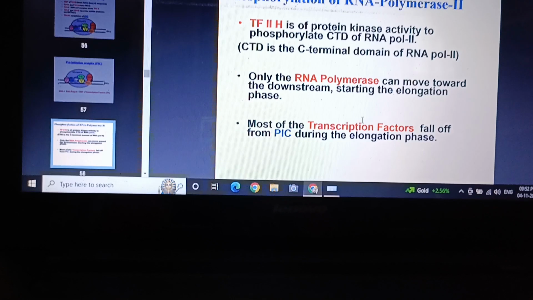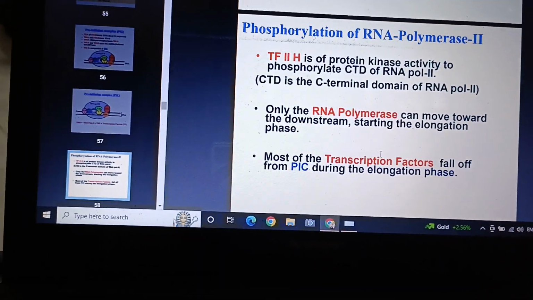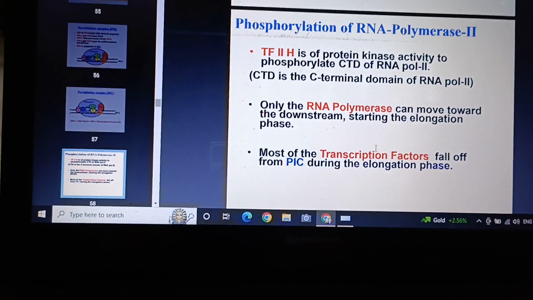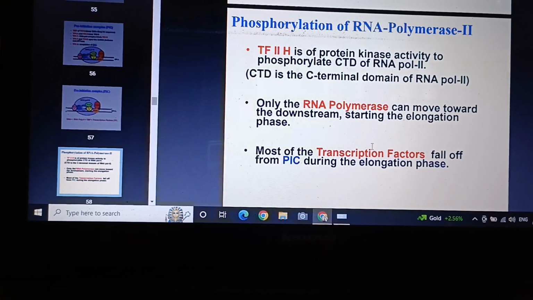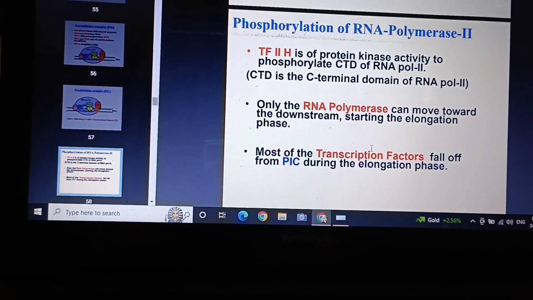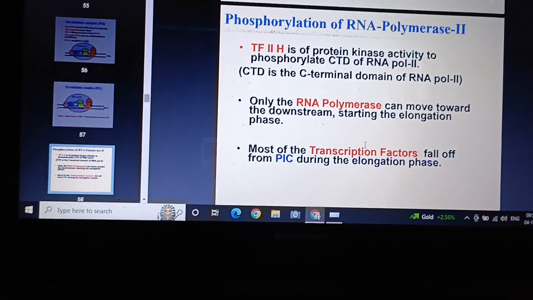As I mentioned already, what happens in RNA polymerase when it acts as a holoenzyme: once the initiation starts, the sigma factor goes off from it, and then it is called the core enzyme that moves on to the elongation process.